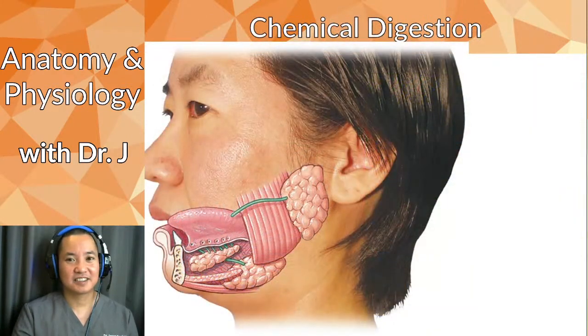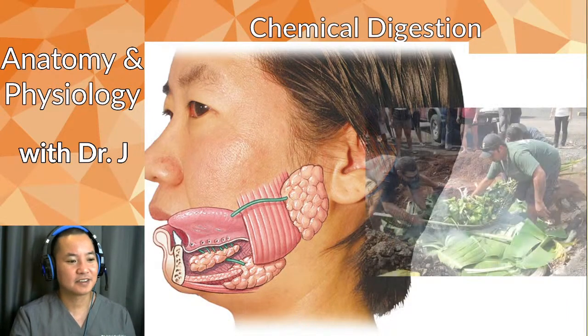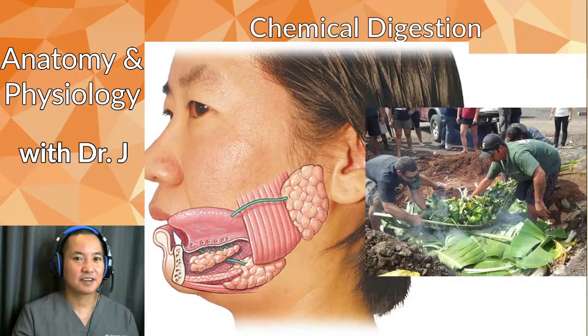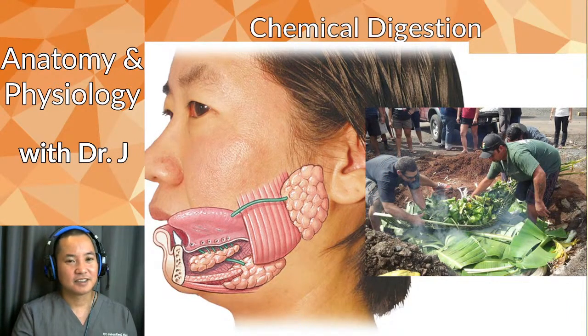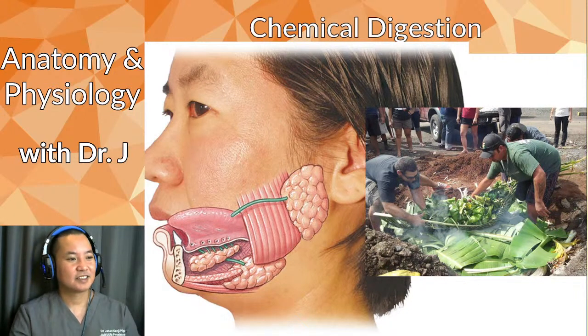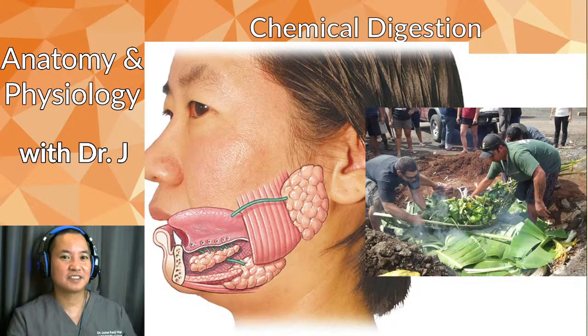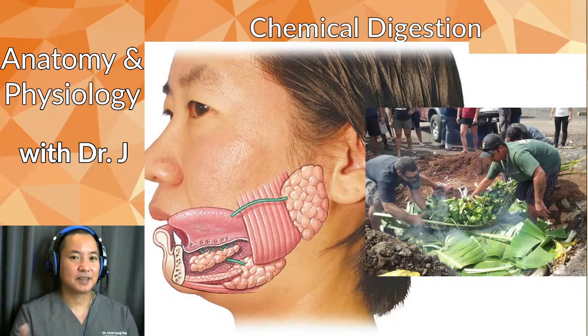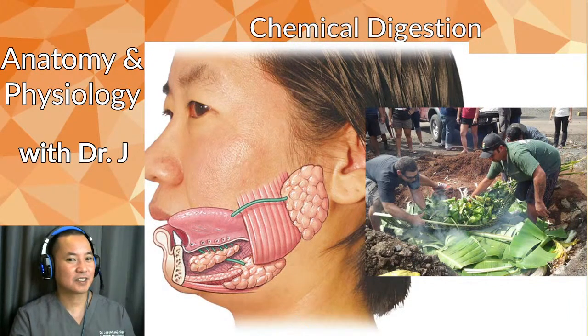Mechanical digestion works together with chemical digestion. And to extend my analogy further, it's kind of like cooking your taro roots, cooking your kalo, right? So when you're cooking, you're kind of chemically converting things. Well, in terms of chemical digestion, you're chemically converting things so that they're more easily digested by your system. Now, what happens when you combine mechanical digestion with chemical digestion in your oral cavity?